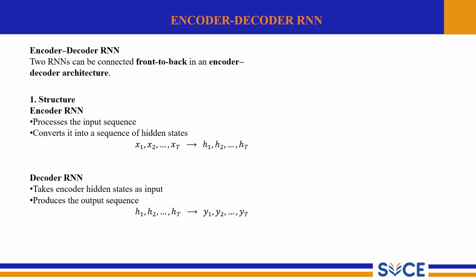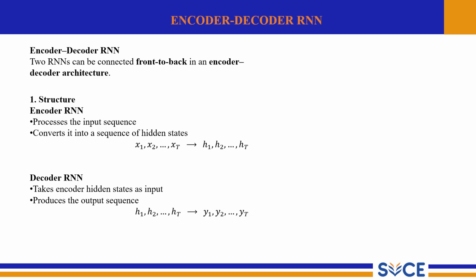First, encoder RNN. Let's start with the encoder. The encoder RNN processes the input sequence step by step. It reads the input one element at a time and updates its internal hidden state at each step. So, if we have an input sequence x1, x2 up to xt, the encoder transforms this sequence into a series of hidden states h1, h2 up to ht.